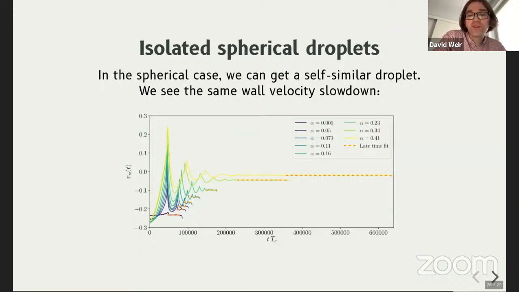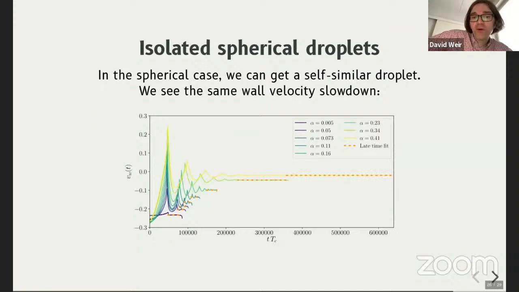And we can see, even with this kind of idealized geometry, the same wall velocity slowdown. Note here that the velocities are negative because it's inward into the center of the droplet. But you can see qualitatively the same. For example, 0.34 is the green line again.